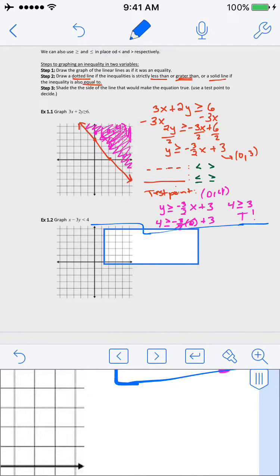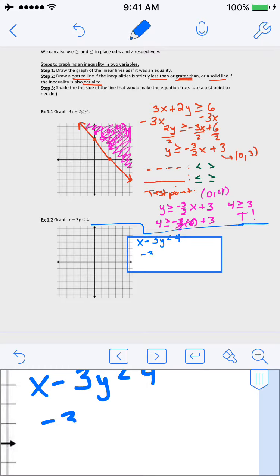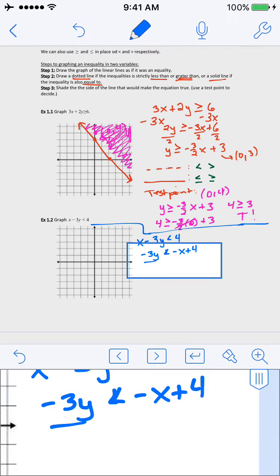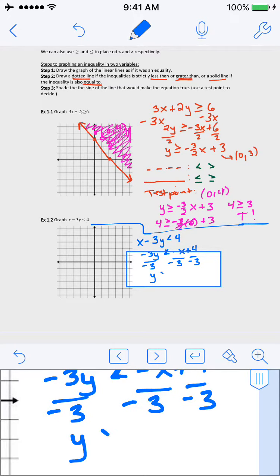So we've got x minus 3y is less than 4. We need that in y equals mx plus b. So move the x over, you get negative 3y is less than negative x plus 4. Now we divide by negative 3, and we are dividing by a negative, which is going to cause a problem, right? We have to switch that sign.